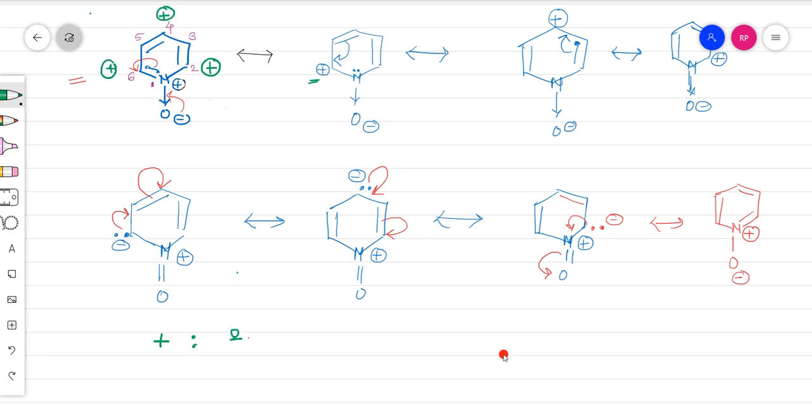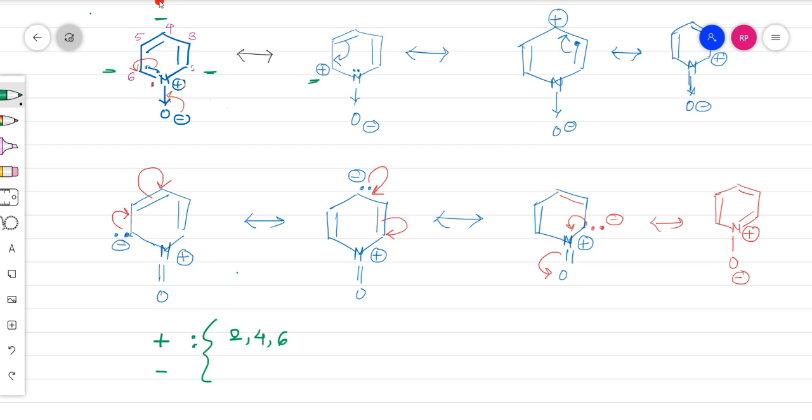So the positive charges are at 2, 4 and 6. Ortho, para. And where are the negative charges? Just check. Same positions, see here. One here, one here, and here. So which positions are these? Again 2, 4, 6, yes or no?